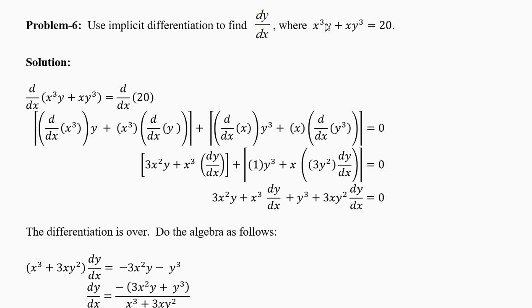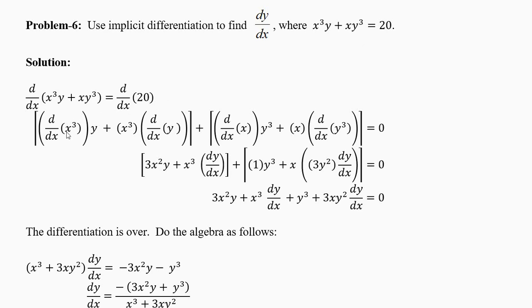On the left hand side, you have two things, x cube y plus xy cube. So this is your first term, this is your second term. Now this first term is made of two parts. First function is x cube, second function is y. This term, the first function is x, second part is y cube.